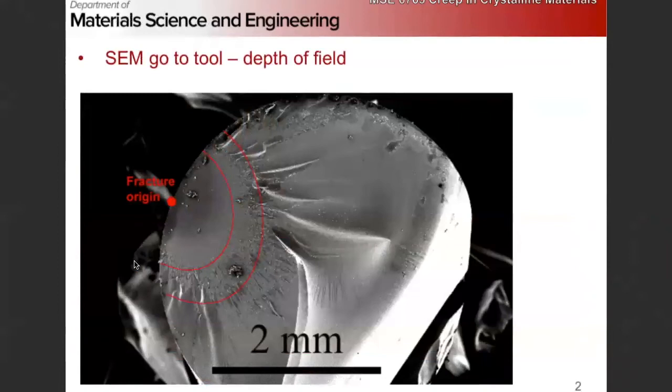So why was optical not a good go-to tool? Right, it's depth of field, right? So for optical, the depth of field is going to be related to the alpha angle, right, of your collected light intensity, and I'll be damned if I can remember the exact equation for it off the top of my head.